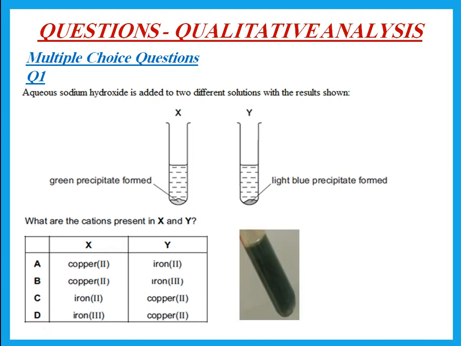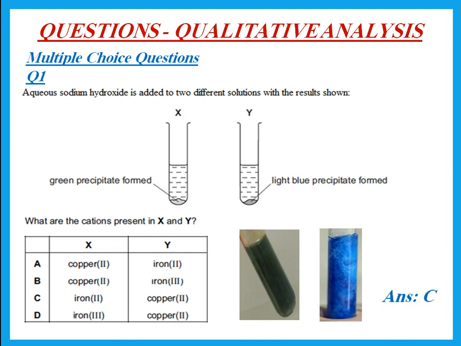Well, you should remember that the one that gives green precipitate with sodium hydroxide is iron 2, not any of these other options. Now, which one gives blue precipitate? This blue precipitate is obtained with copper 2, so my result would be iron 2 and copper 2.